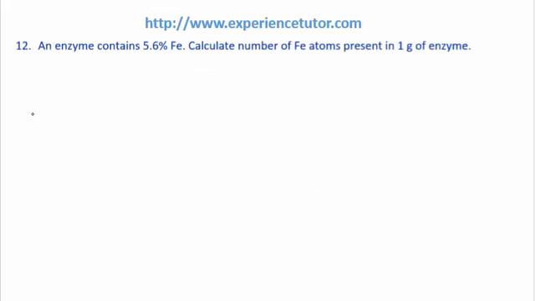Our next question is, an enzyme contains 5.6% iron. Calculate the number of Fe atoms present in 1 gram of enzyme.